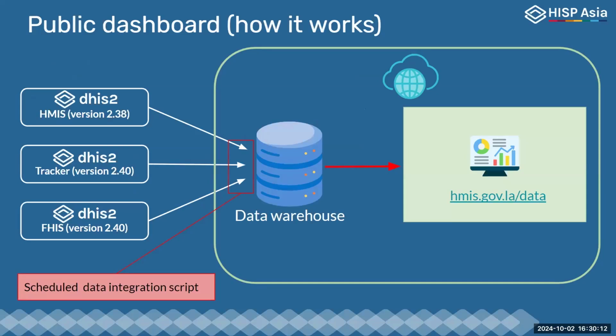Normally we have two parts in the public dashboard. First, the front-end layout to show the charts and the map. And in the middle, we have the script, the middleware, that runs every day, every week, or every month, depending on us. You can schedule it to get the necessary data from multiple instances, calculate it, and put it in one data warehouse, and then the front end can use that data to show.